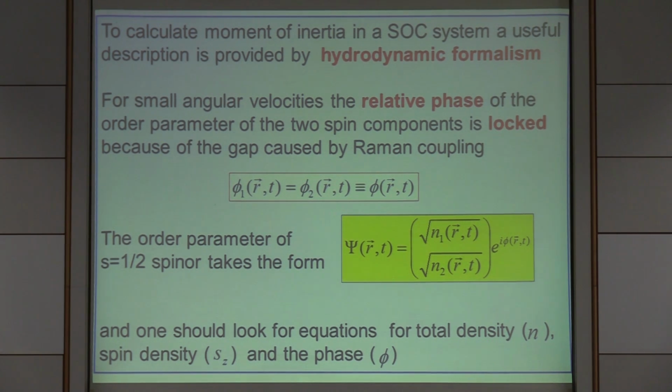This relative phase can be important when one studies transitions, like a Rabi-like transition between the two spin states.